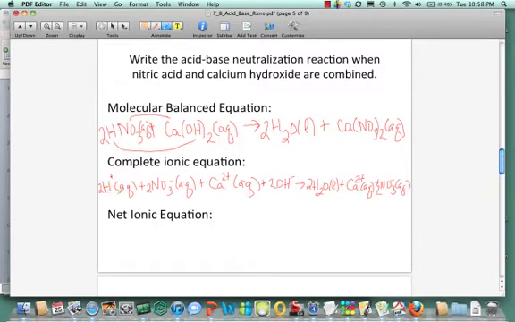So notice that our hydrogen ions don't cancel because they become water. Our 2 nitrates do cancel. Our calcium ions cancel. Okay, so what we're left with then is 2 hydrogens plus 2 hydroxides gives 2 waters.